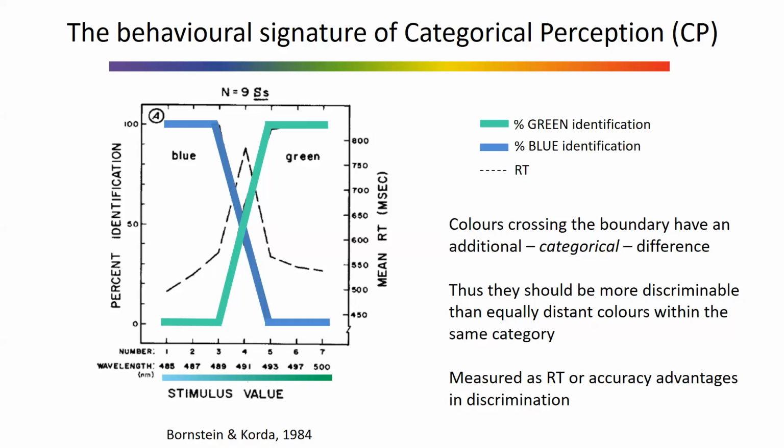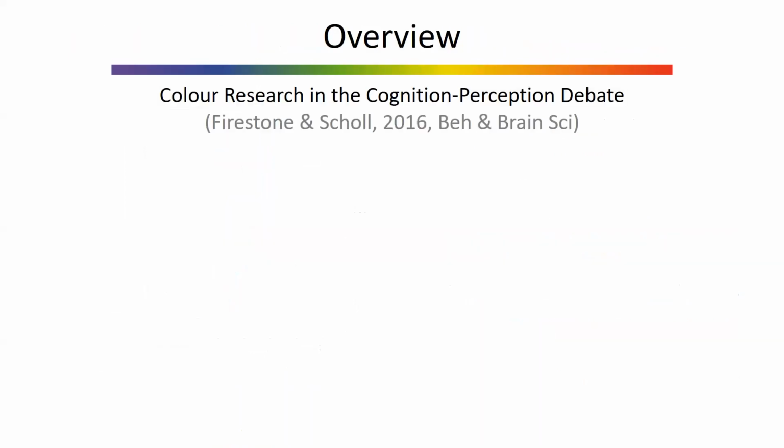So the studies I will tell you about today, hopefully this introduction just gets you on board thinking about what is color perceptively, cognitively, and how do we measure it. And I will now discuss a few key studies in the color research that is relevant to this debate about relations between cognition and perception.